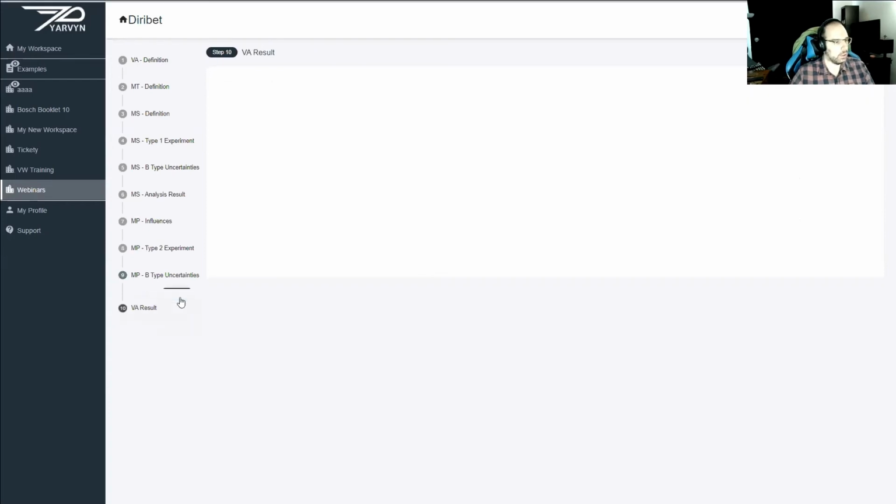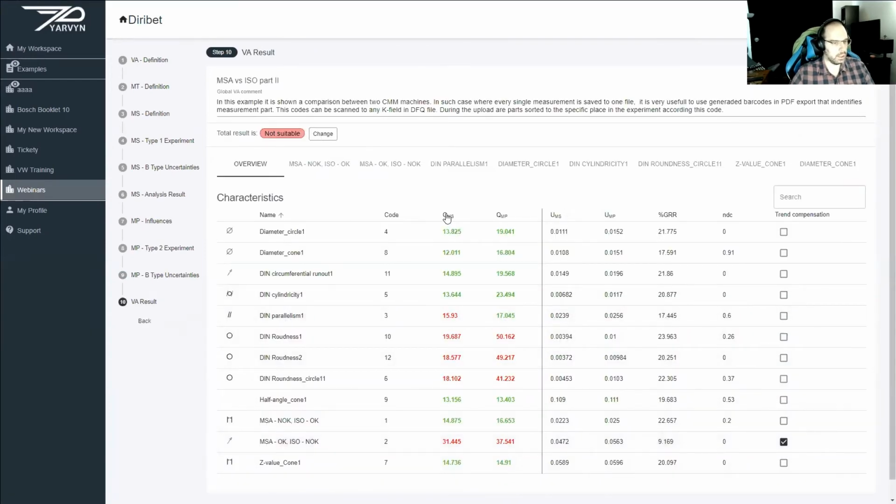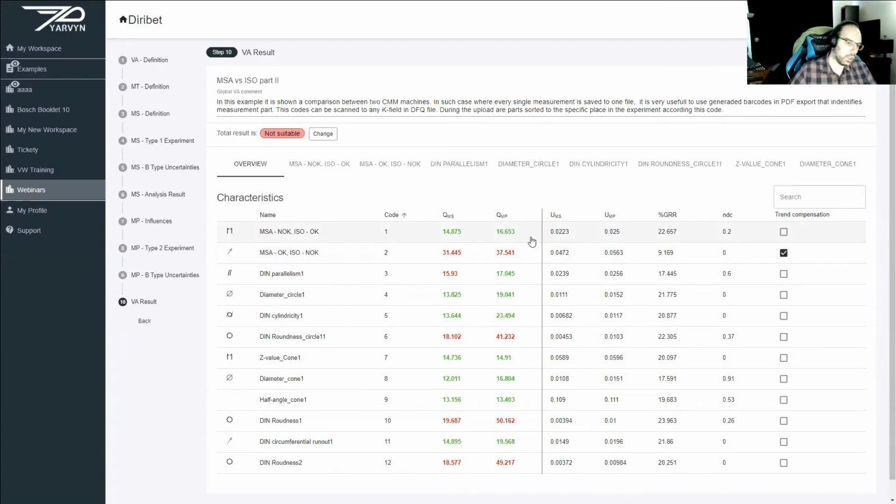And if we go to the result, what's important for us right now are those 2 characteristics. The first one, MSA okay, ISO okay. If we look closer at the results, you can see that QMP, the result from ISO and from VDA5, is about 16.5%, and gauge R&R is a little bit more than 22.